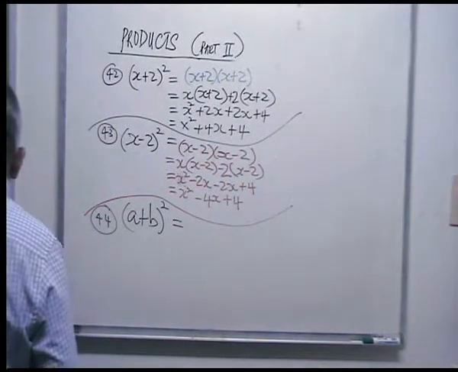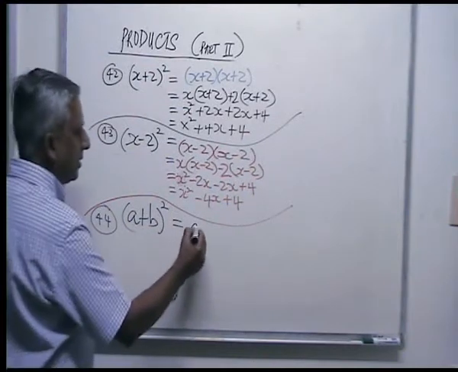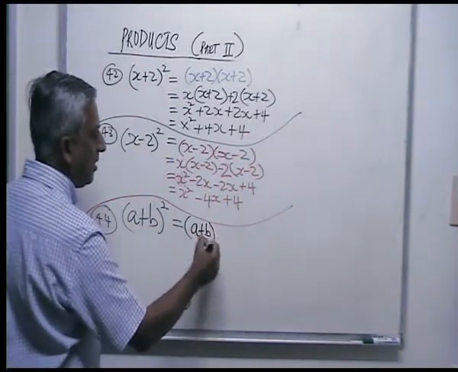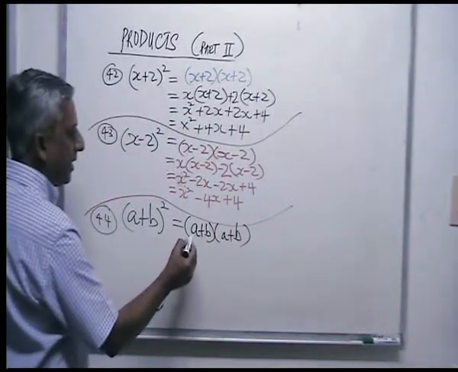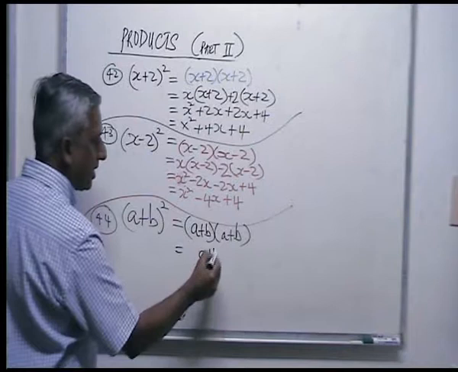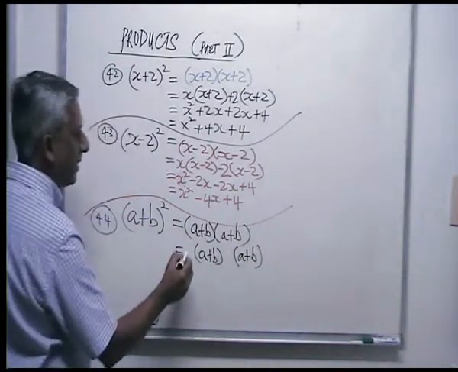And now we come to the last example, or number 44. I trust you wrote a plus b into a plus b, and then you have to write the second bracket 2 times.